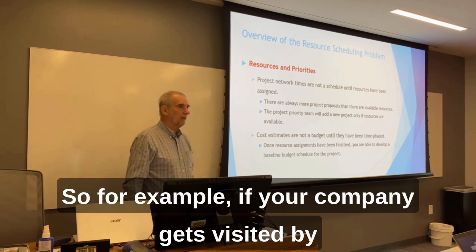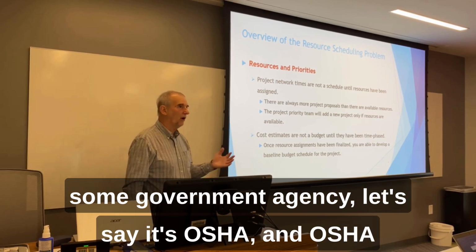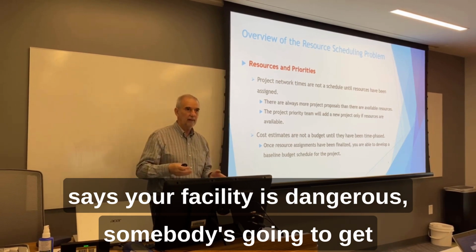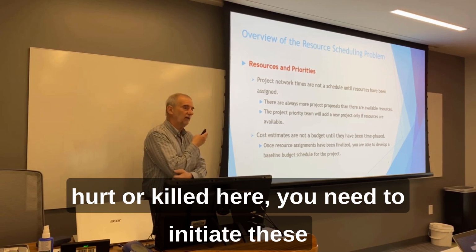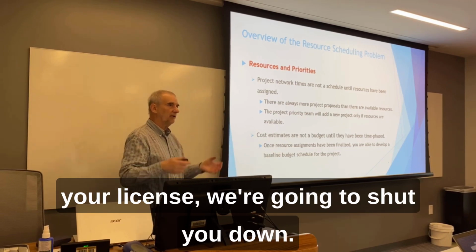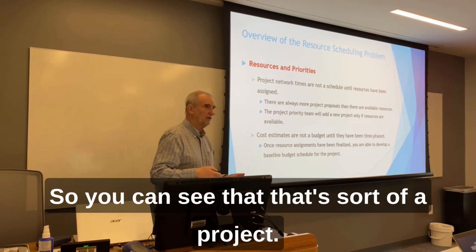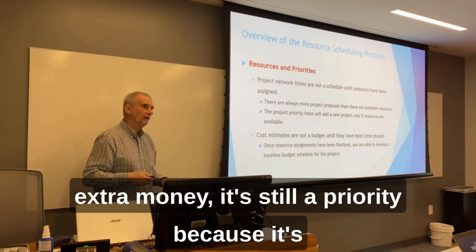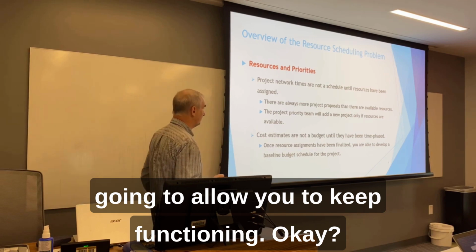So for example, if your company gets visited by some government agency, let's say it's OSHA, and OSHA says your facility is dangerous, somebody's going to get hurt or killed here, you need to initiate these 3 projects right now, otherwise we're going to pull your license. We're going to shut you down. So that's a compliance project. Even though you're not going to get any extra money, it's still a priority because it's going to allow you to keep functioning.